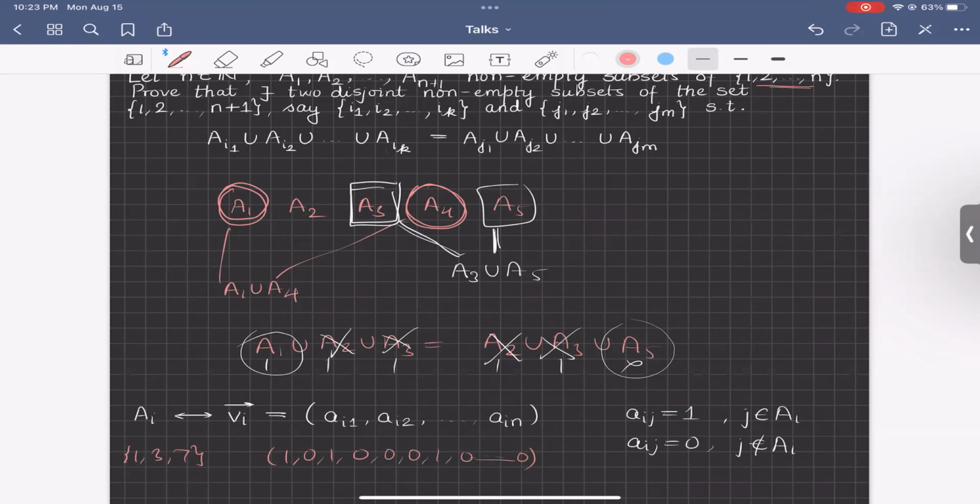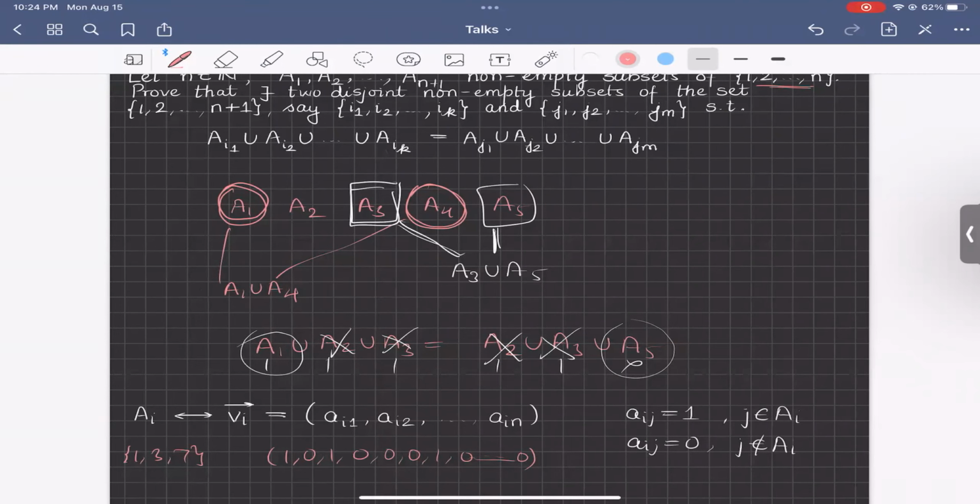So we have that A1, A2, up to A_(n+1) are linearly dependent in F2^n. Basically, these are n plus 1 vectors in a space of dimension n, so they're linearly dependent. Yes, I'm saying dependent, not independent. Yes, they're dependent.